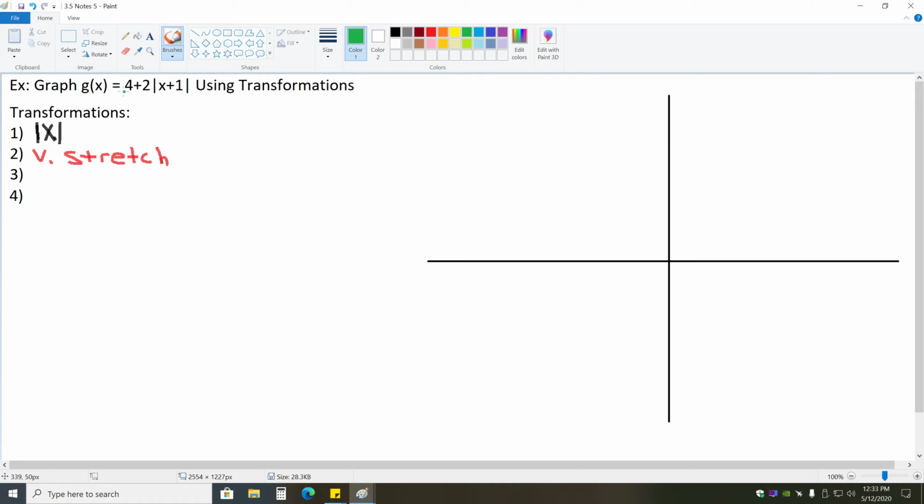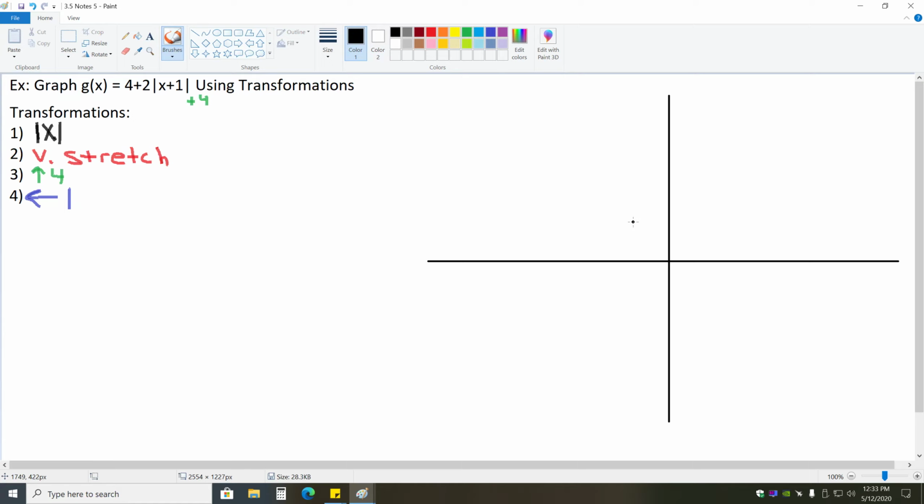And again, it's a good idea to go left to right. We are adding a 4 to the outside of the function. You could rewrite this if you preferred as a plus 4 over here instead of a positive 4 over here. Either way, that means the function is being shifted up 4. And finally, the plus 1 on the inside means that it's going to the left 1.